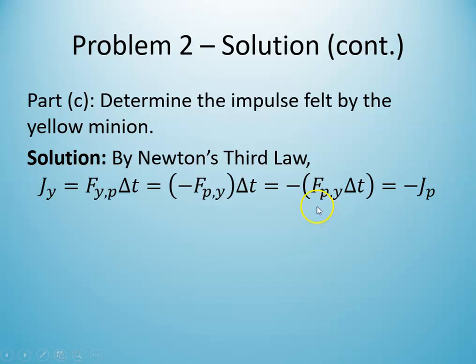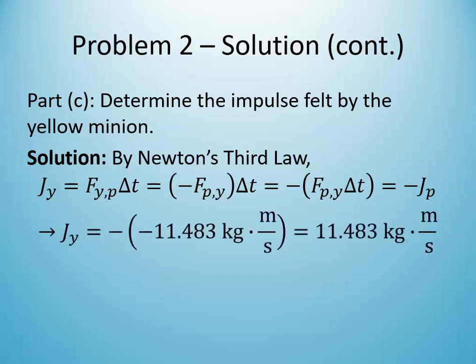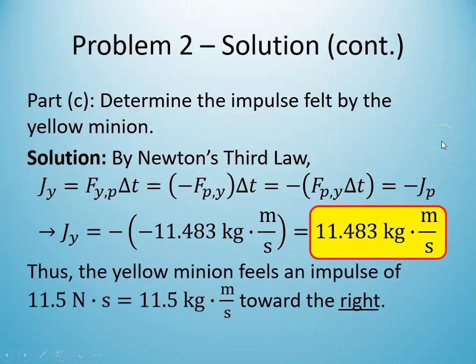I said that we calculated the force felt by the purple minion in part B. We calculated the impulse felt by the purple minion in part B. That's what we're going to plug in right here. And the result ends up being that the impulse is positive 11.5 kilogram meters per second. Unfortunately, I forgot to cut off my sig figs here, but it's plus 11.5 kilogram meters per second toward the right. That is the impulse felt by the yellow minion.